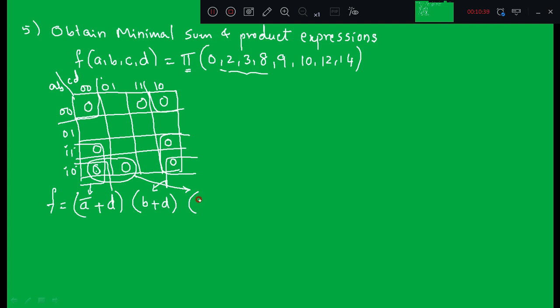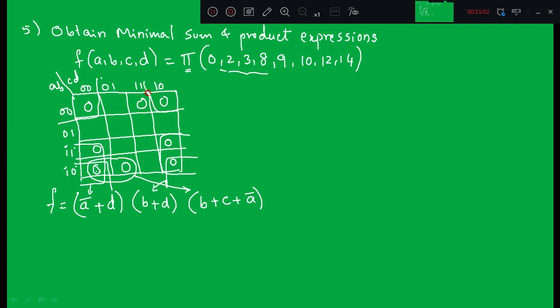It is A. So B plus C, sorry, it is A bar plus B plus C, right?